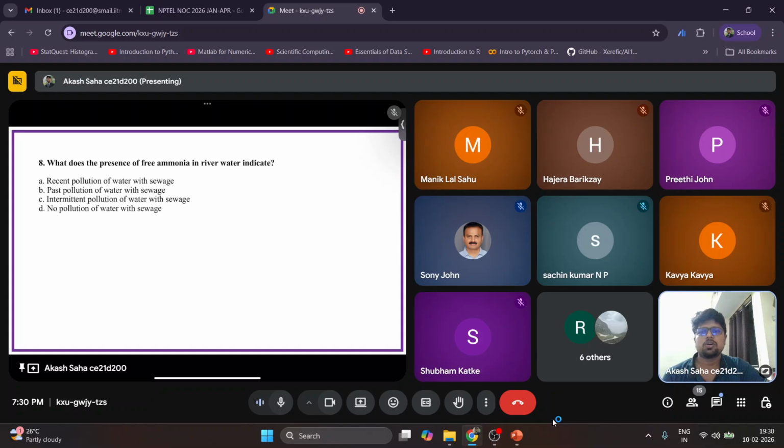Okay. If it's recent pollution, what happens to this ammonia in the presence of some microorganisms and oxygen with time? Many of you are answering it as recent pollution. It converts to nitrates. Yeah, that is true.